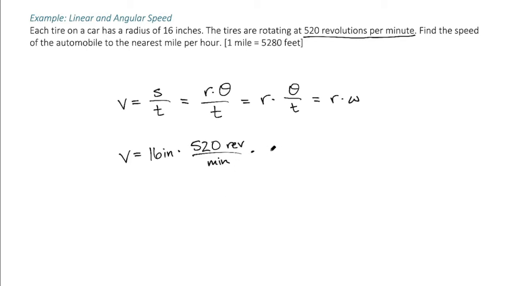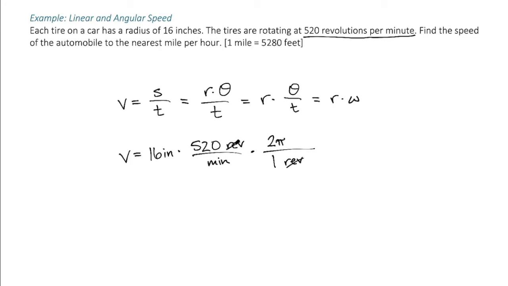Radians is a unitless measure, so we don't write the units. One revolution is 2 pi radians, and that's going to cancel out the revolutions for me.